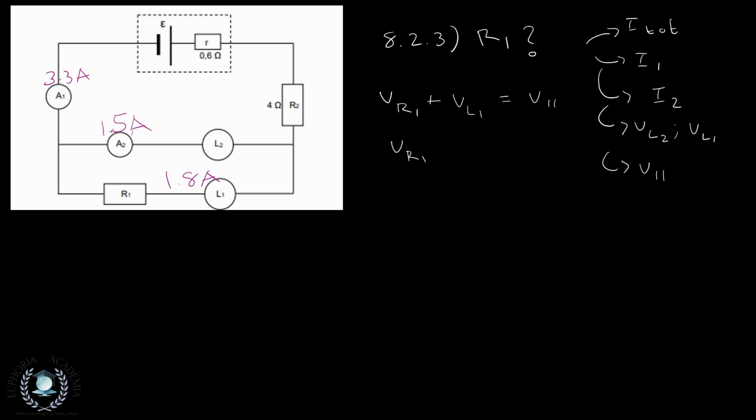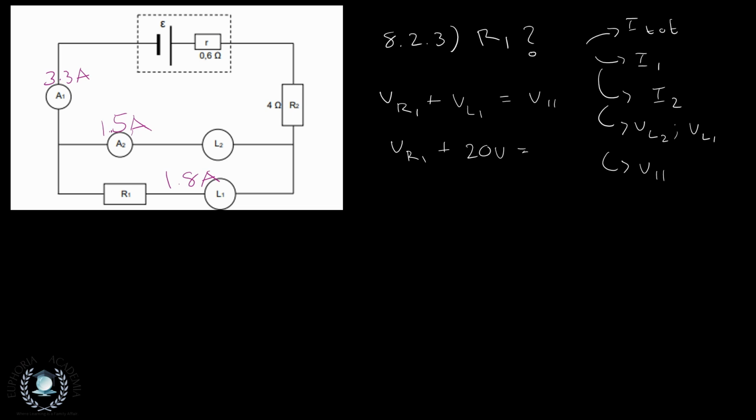So we don't know our VR1. Our VL1 is the rated voltage across our L1 light bulb, and we were told that that is 20 volts. For V parallel, we know that the light bulb L2 has a rated voltage of 32 volts, and it is the only load in that branch.